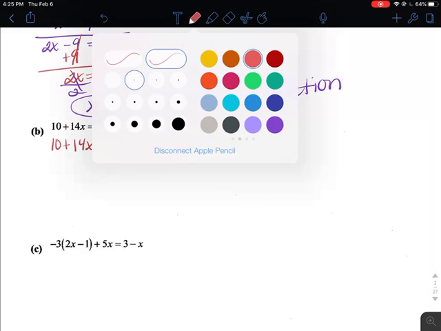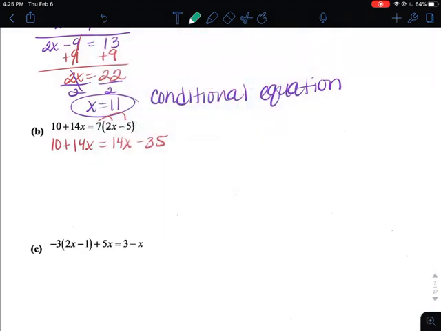So I'm going to subtract 14x from both sides. And then look what happens. When I subtract 14x, they actually cancel out on both sides. So I no longer have x in the picture. I'm left down to just 10 equals negative 35.